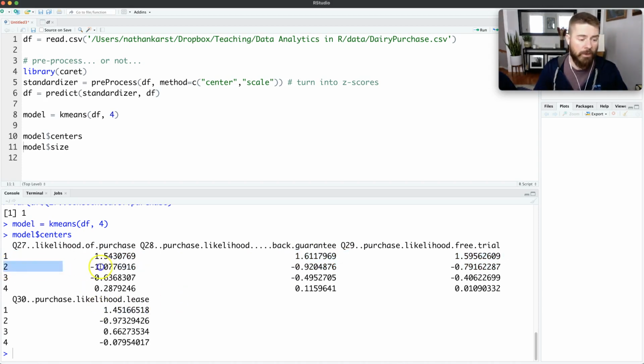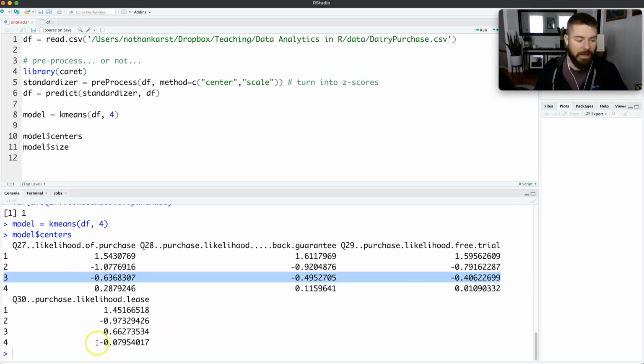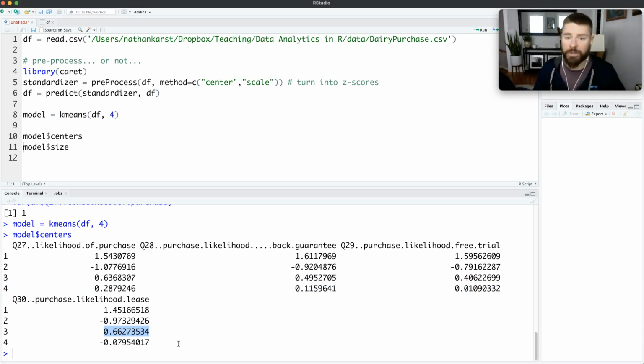Group 2 now is my negative group because they're about 1 standard deviation below the mean for all questions. Group 4 looks much more equivocal because they're about equal to the mean across every question. And then group 3 is slightly negative except for the purchase with the lease, which they're pretty bullish about.